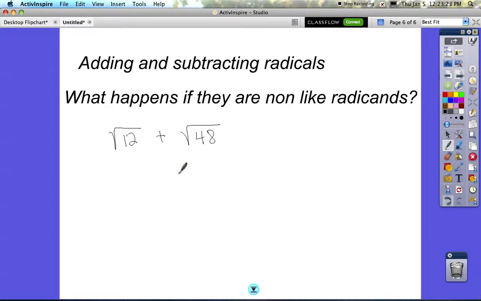Okay, so write that down. I'm going to add the square root of 12 and the square root of 48. Now, that is not the square root of 60 because they are not like radicands.